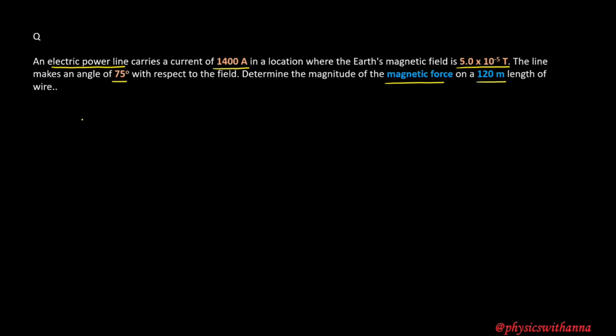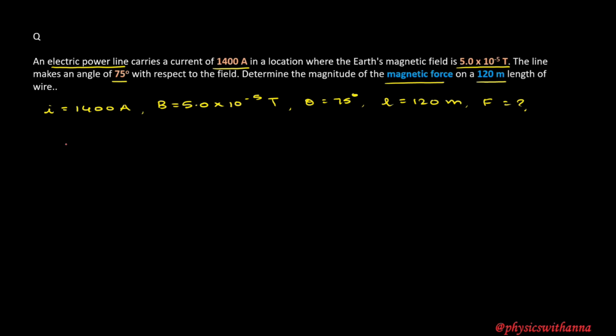So here we have an electric power line carrying a current I of 1400 ampere. The Earth's magnetic field at that location B is 5 times 10 to the power negative 5 Tesla. And the wire is making an angle theta equals 75 degree with the magnetic field. And the length of the wire is 120 meter. We need to find the magnetic force F.